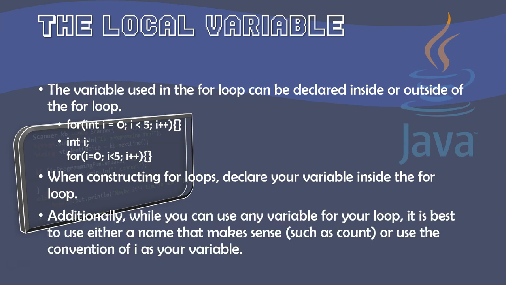Additionally, one thing I want to point out is that for any variable our loop uses, it's best to use a name that makes sense. So such as the variable count would be a good one. Or we can use the convention of I, which is a lot of times used for an incrementer variable. So that's why we use I. And the reason why this is called a local variable is that if we look at this first example, that int I equals 0 only exists within that loop.